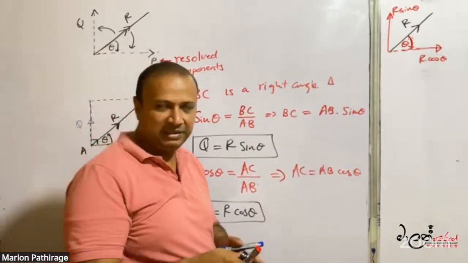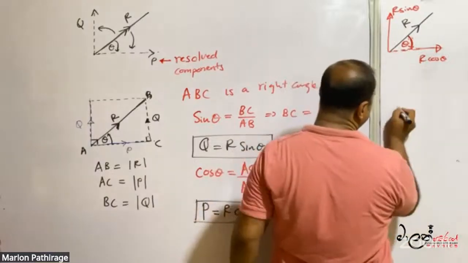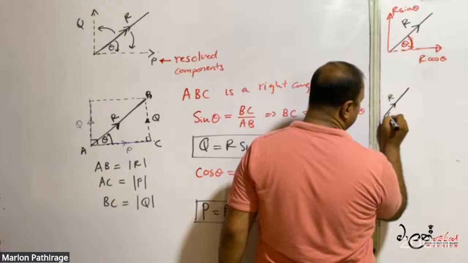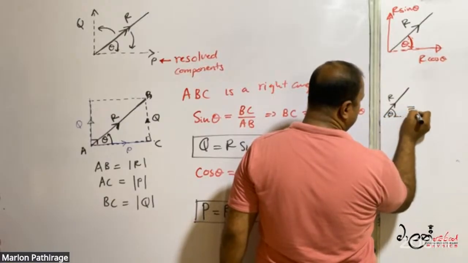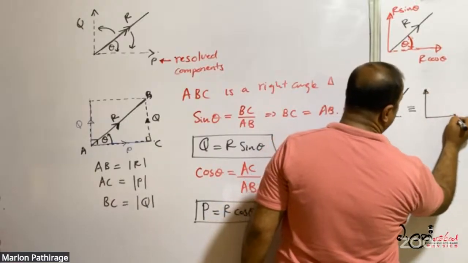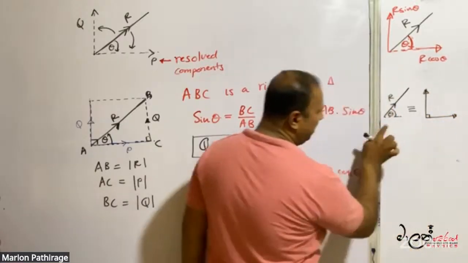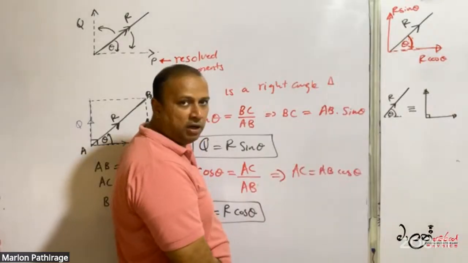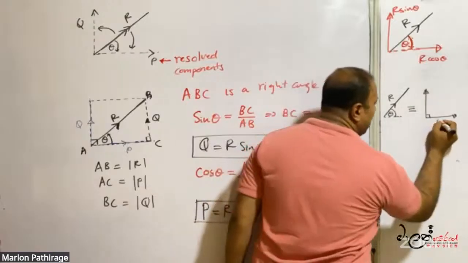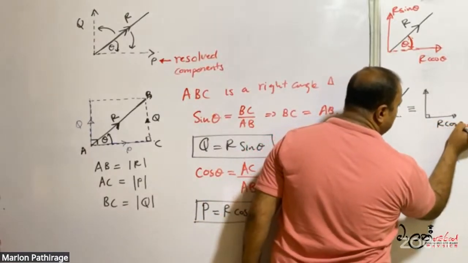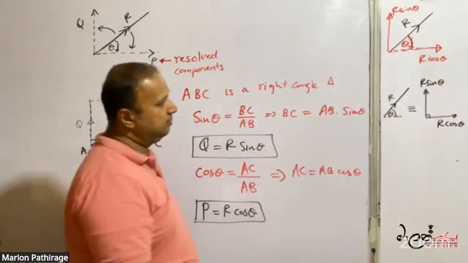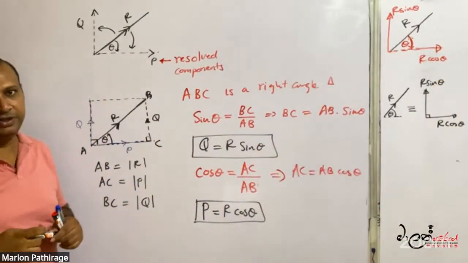Therefore, okay, this vector r is equal to these two perpendicular vectors together. This vector r is equal to r cos theta vector into this side, and r sin theta vector into this side.